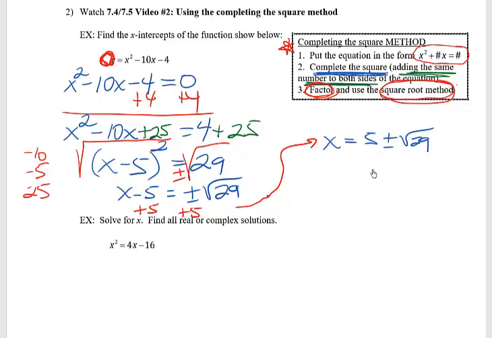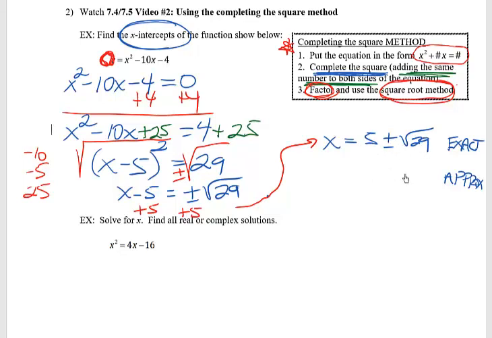Now, we were looking for x-intercepts, so normally we write those things as ordered pairs. You would just have to pay attention to the instructions as to whether they want the exact answers or whether they want decimal approximations. If you want approximations, you'd have to go to the calculator, and there'd be two, right? 5 plus root 29 and 5 minus root 29.